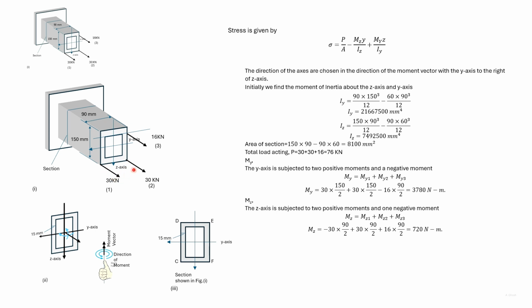These two forces will create a positive moment and this force will create a negative moment. The net moment will be positive. About the z-axis, these two forces will create a positive moment and this force will create a negative moment. The net moment again will be positive.